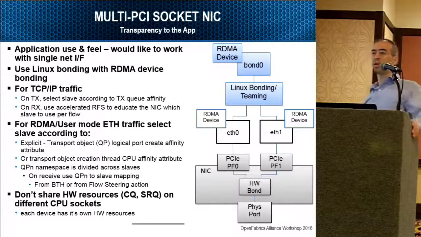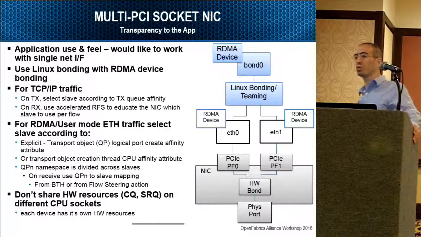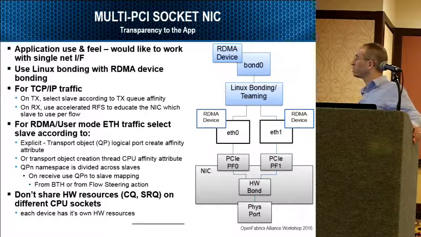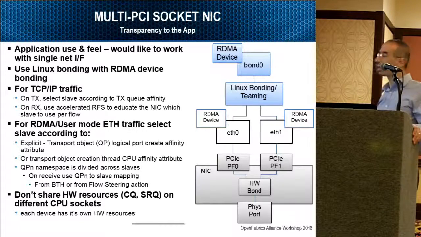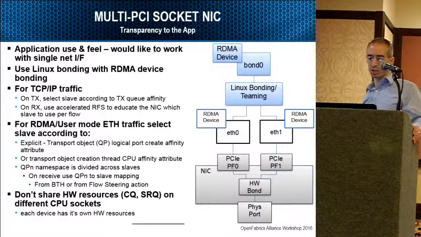As you have probably seen, in order for an application to use this technology, it needs to be aware of 2 network devices. It needs to control which traffic is being sent to which. You have 2 IP addresses on your machine. It can be inconvenient for some applications.